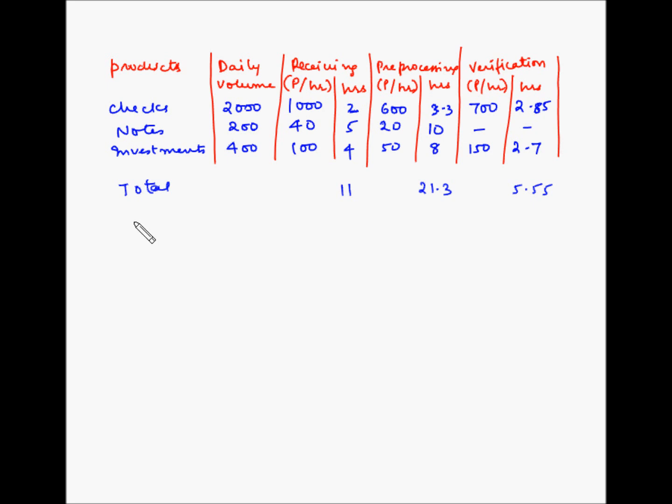Now generally what the banks would do is that they would add a 25% contingency to this total time. I mean, it depends on the bank what kind of contingency they think should be added based on their business. But this contingency can be used to take care of the unexpected absence and vacations of the employees.